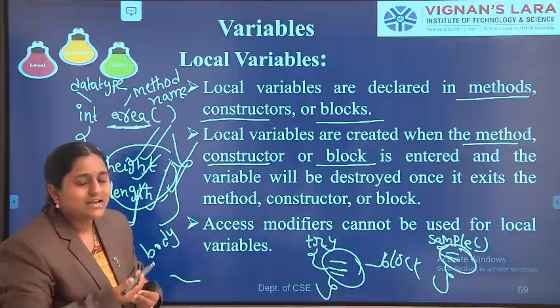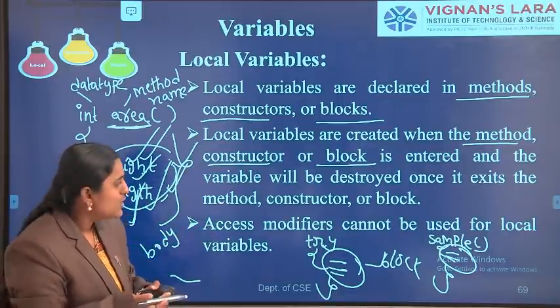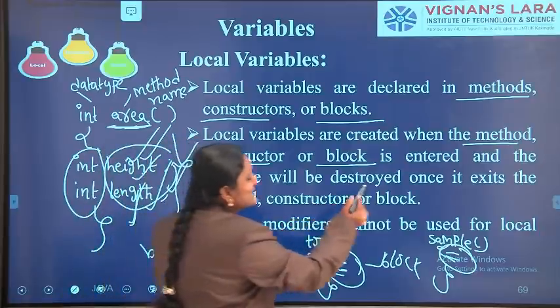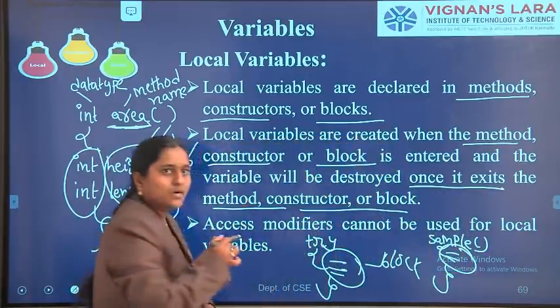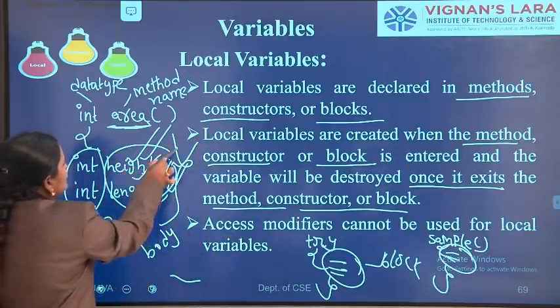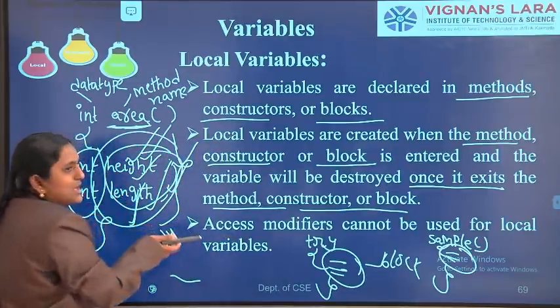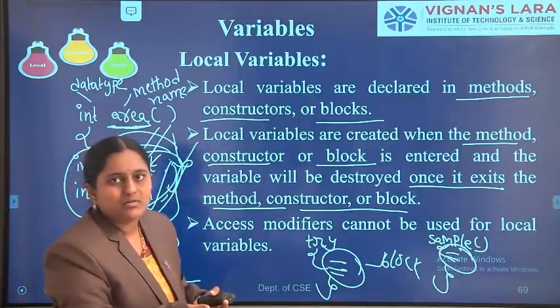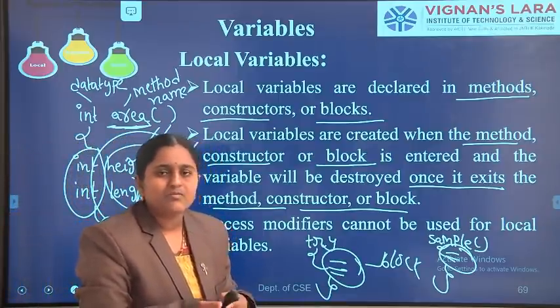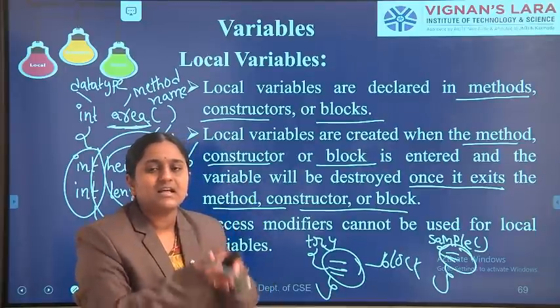What is the lifetime of local variables? Once we exit the constructor, method or block, the variable is destroyed. What is the scope of a local variable? We can access it only within the method, within the constructor, within the block.